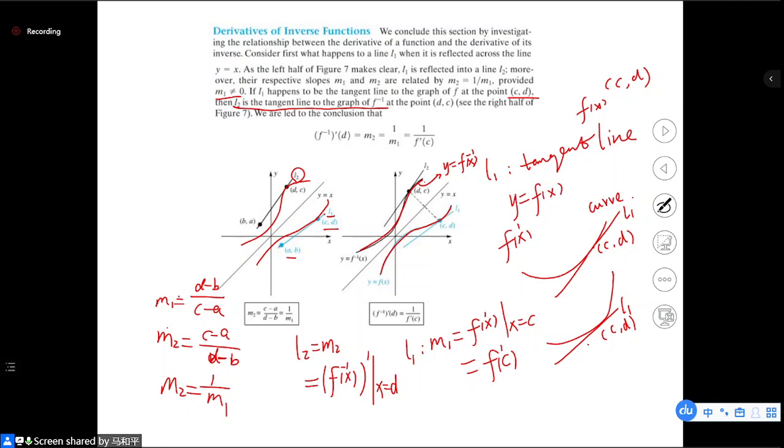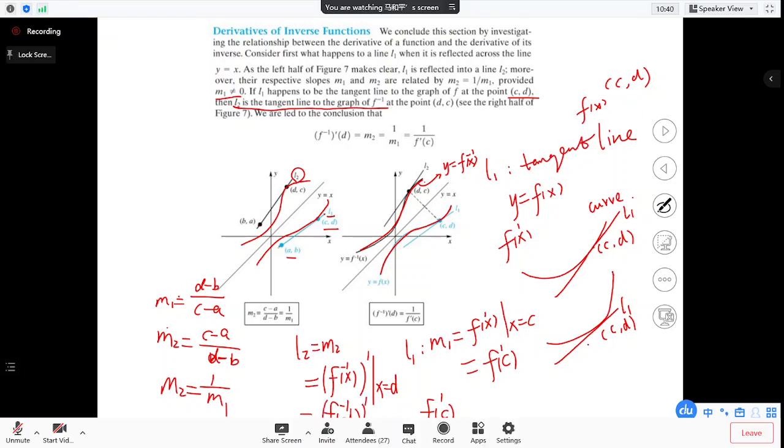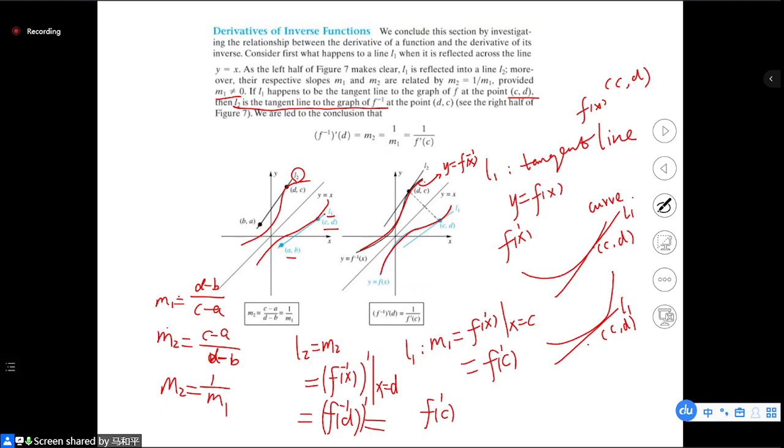We write it as (f inverse)'(d). And we have m2 = 1/m1. So this means (f inverse)'(d) = 1/f'(c), right? 1 over f'(c).